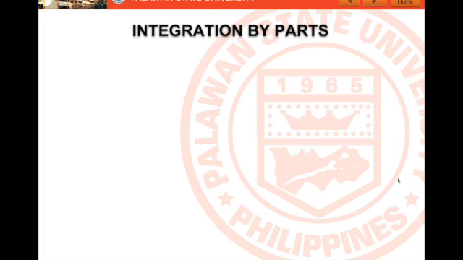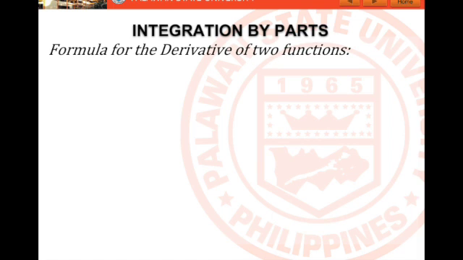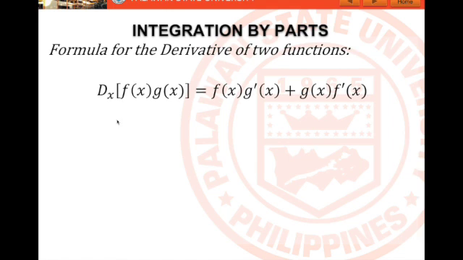First, let's try to derive the formula for integration by parts. We'll start with the formula for getting the derivative of the product of two functions. We have two functions, f of x and g of x, so that would be f of x times g of x.